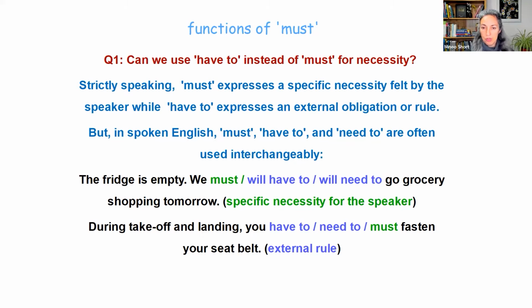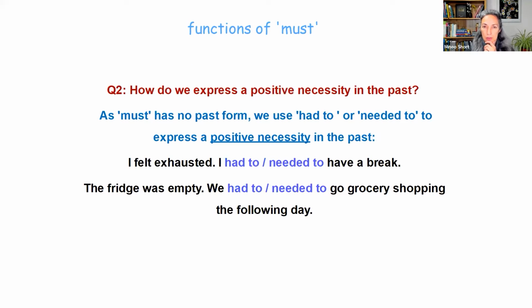The next question that usually comes up is, okay, so we said must can only be used for the present and future tenses. How do we express a necessity in the past? So remember that we had two types, a positive necessity to do something or negative. For the positive, it's easy, right?